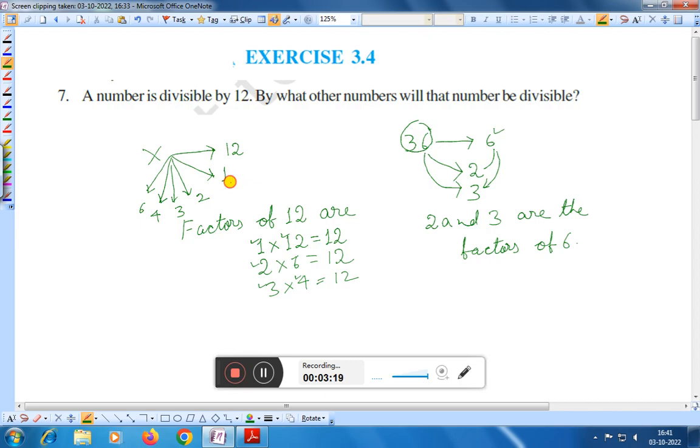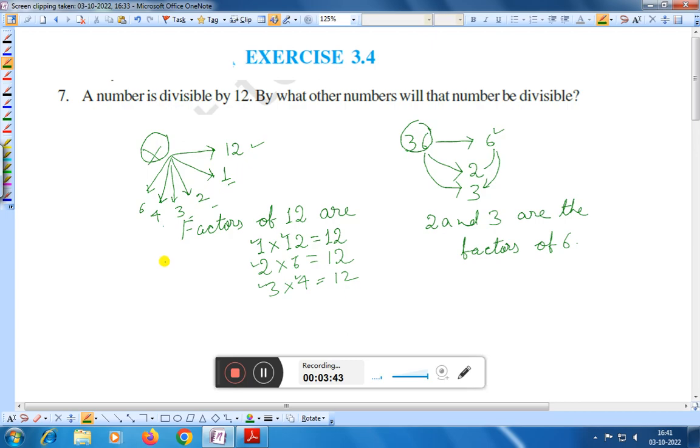Because these are the factors: 1, 2, 3, 4 and 6. That means if x is divisible by the number 12, then x is also divisible by the factors of 12, and the factors of 12 we are getting are 1, 2, 3, 4 and 6.